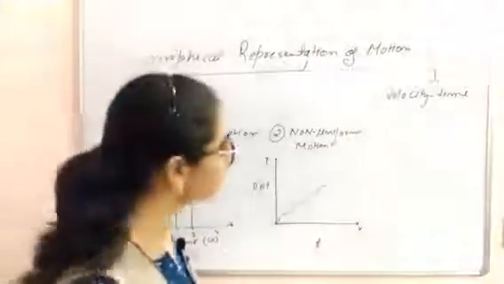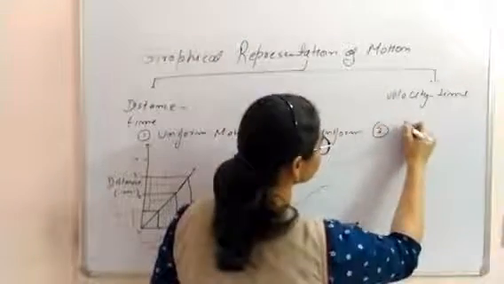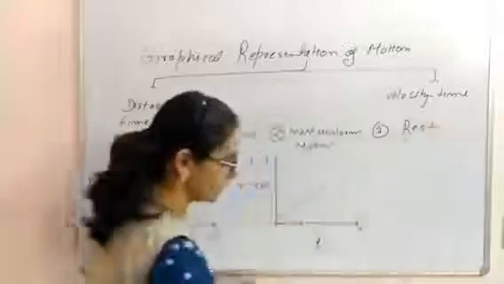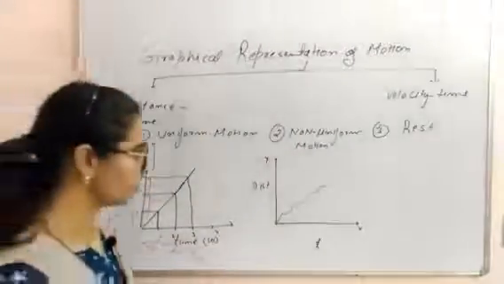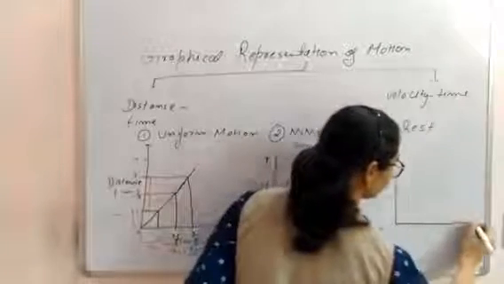There is also one more type of distance-time graph, that is if the object is at rest. Now think about the case when the object is at rest.